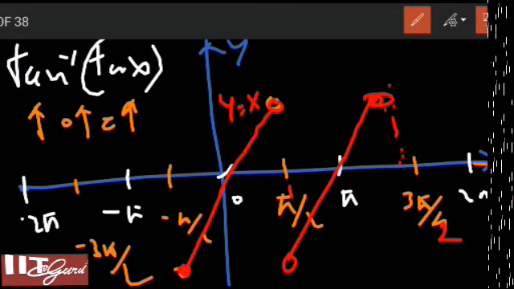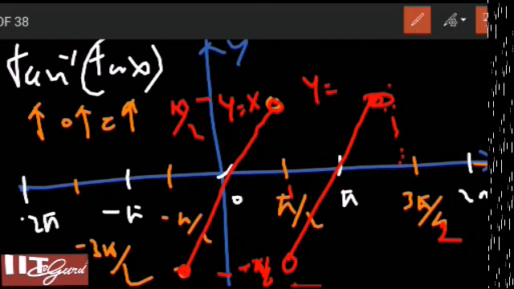At pi by 2 the result is minus pi by 2, and at 3 pi by 2 it approaches up to pi by 2 on the y-axis, and this is minus pi by 2. So what will the result be? As this line is y equal to x, you can guess what this line will be. If we extend this line, then it makes an intercept on the y-axis at minus pi.